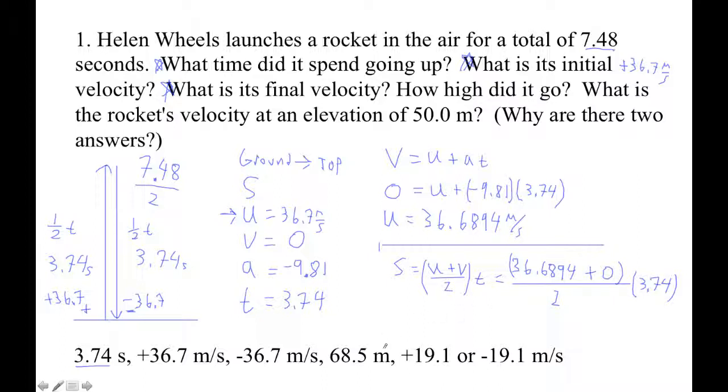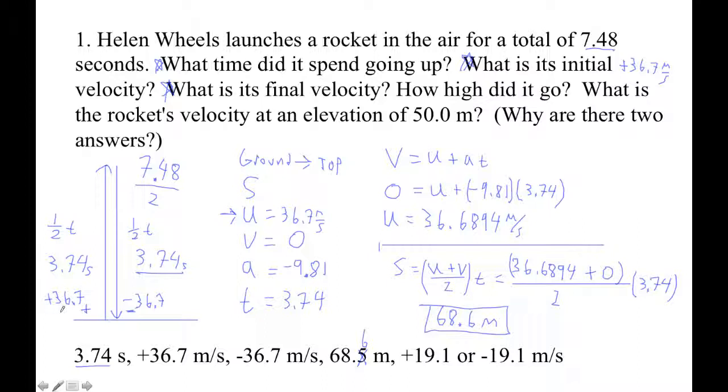So I get this to be 68.6 meters high is how high it goes. To answer these questions, I'm going to do this in a separate video. The time spent going up is half that time, 3.74.